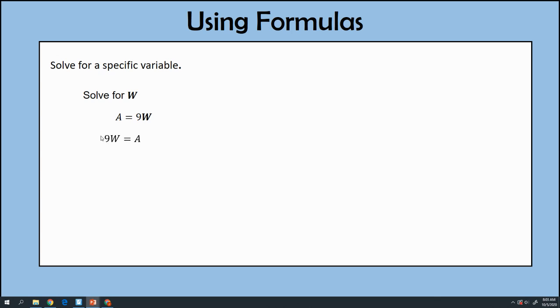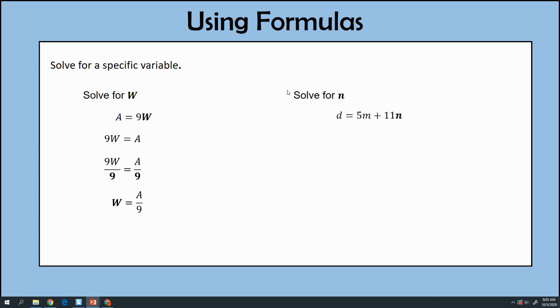I need to make that coefficient become 1. How do I make the 9 become 1? I divide by 9. If I divide the left side by 9, I have to divide the right side by 9. This 9 and this 9 cancel to give me a 1, and w equals a over 9 is our answer. Don't have to do anything with a over 9. That's an answer right there.